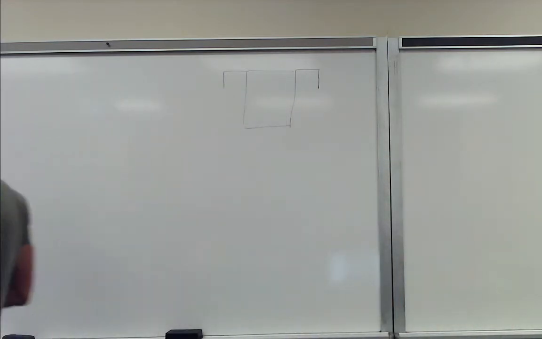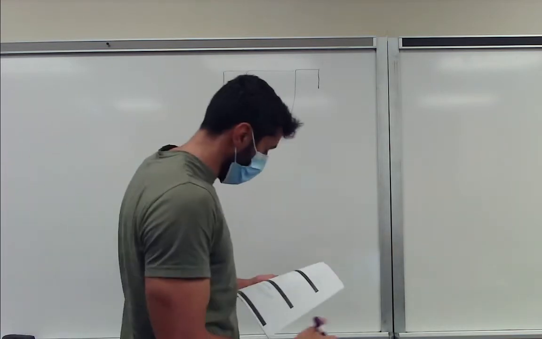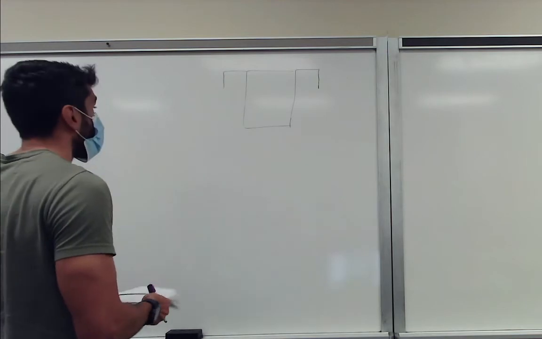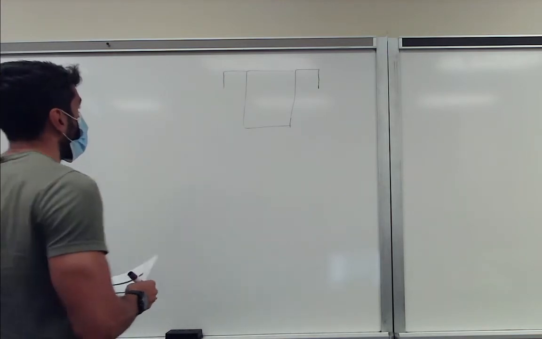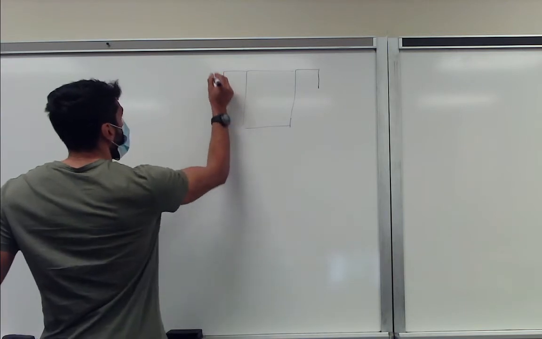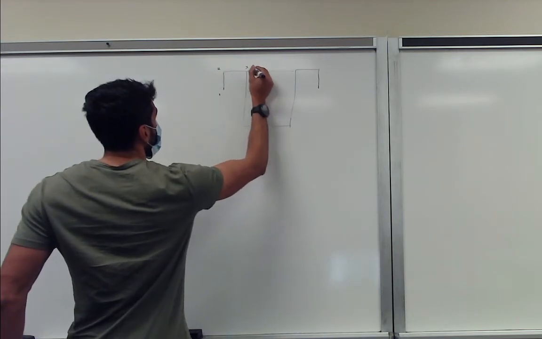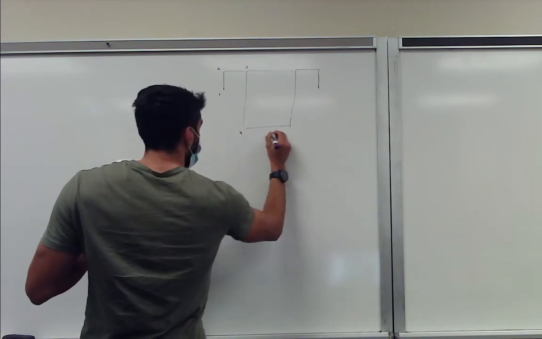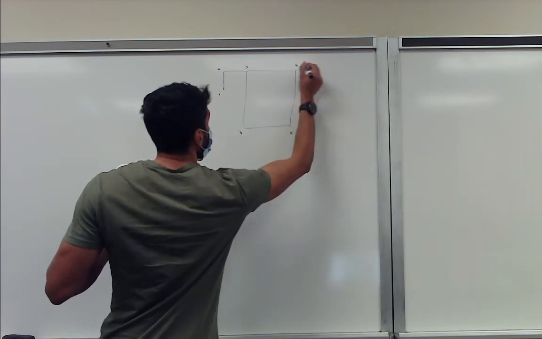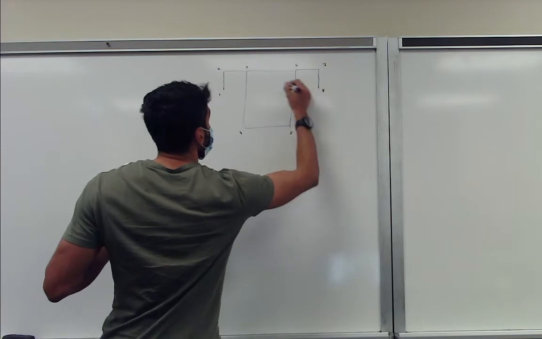So we're going to focus back on our whiteboard. Let's see what the dimensions were. We have a bunch of coordinates given already: 1, 2, 3, 4, 5, 6, 7, 8.